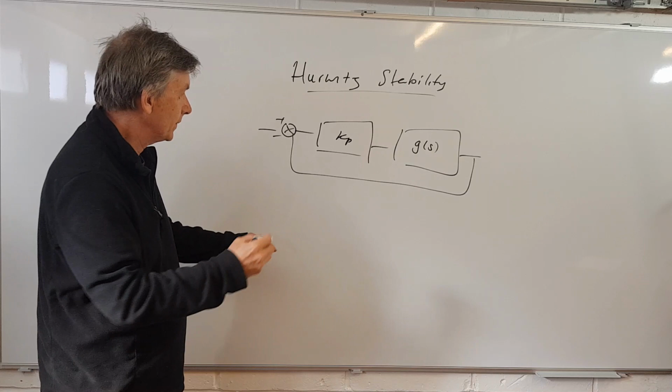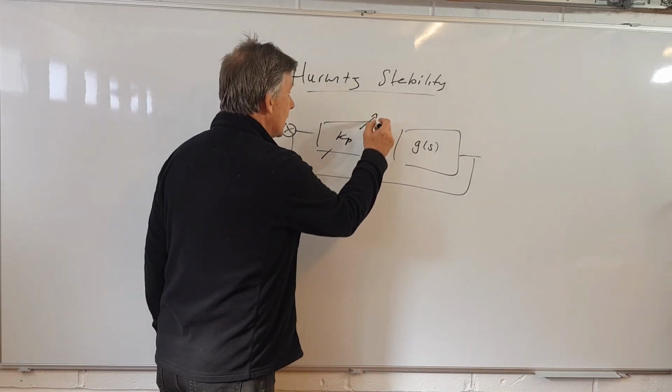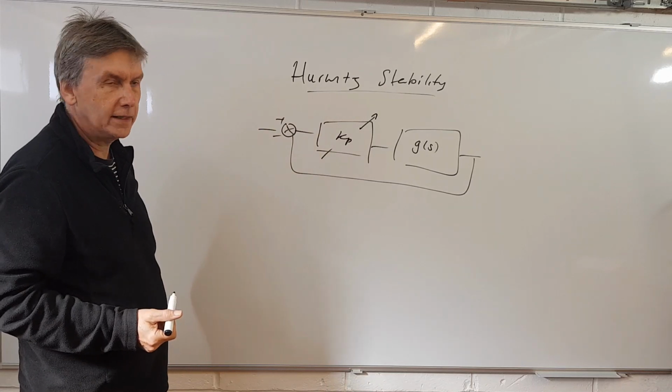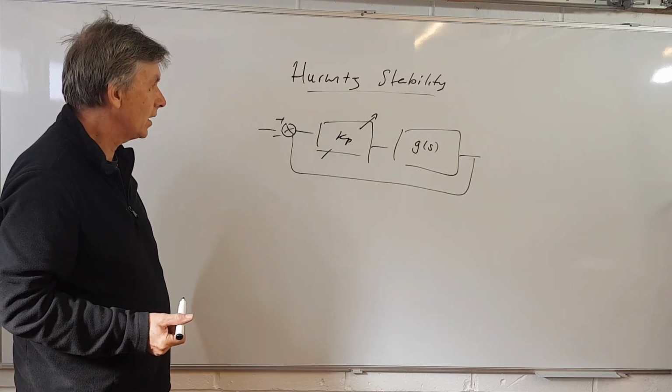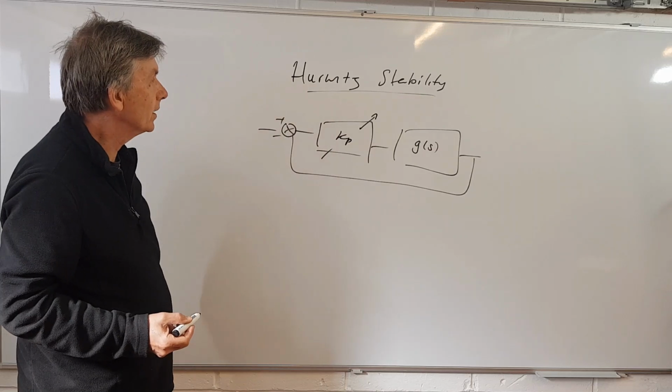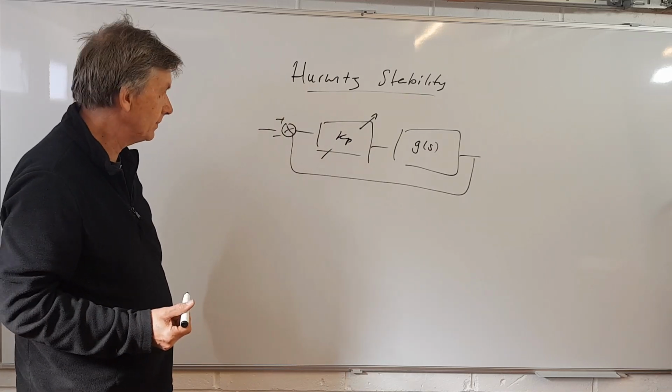And what we're looking at is adjusting the gain and finding out at what values of gain the system can go unstable. And this gives us our Hurwitz stability concept.